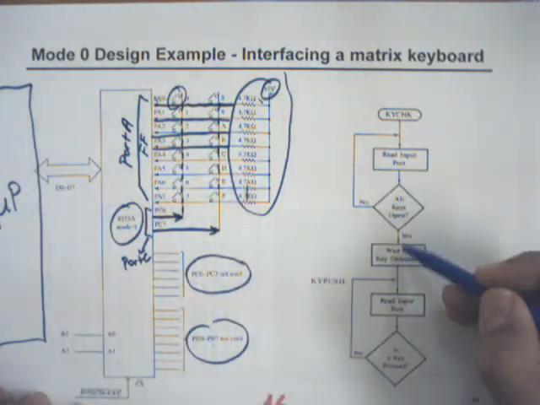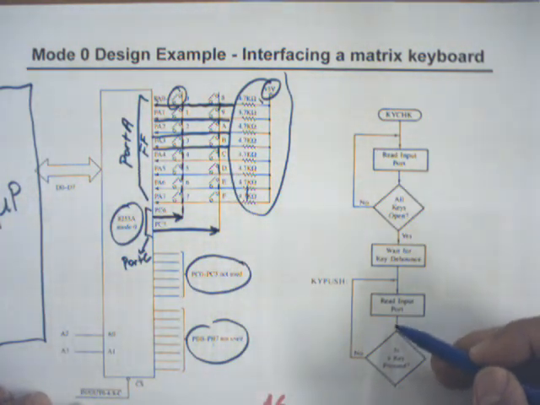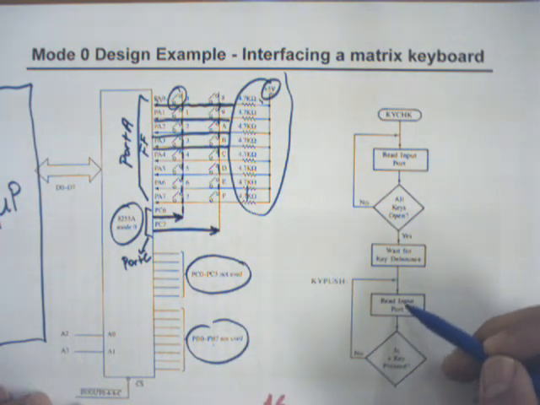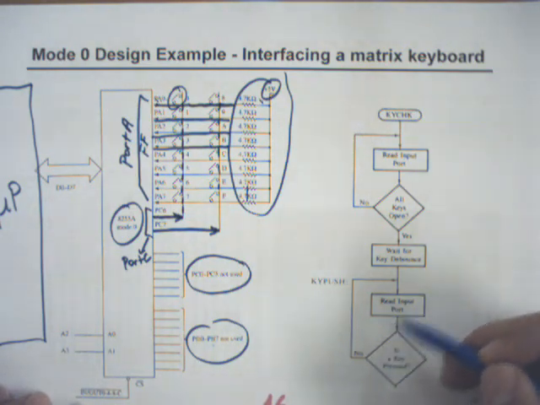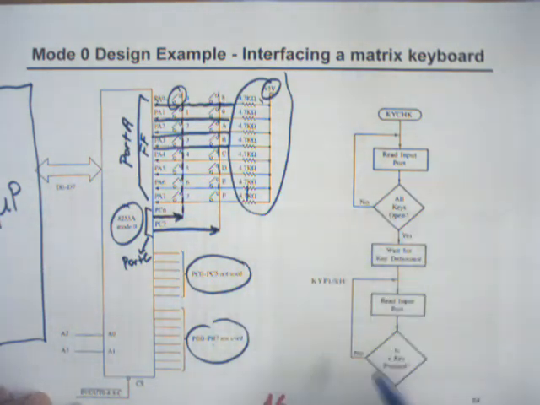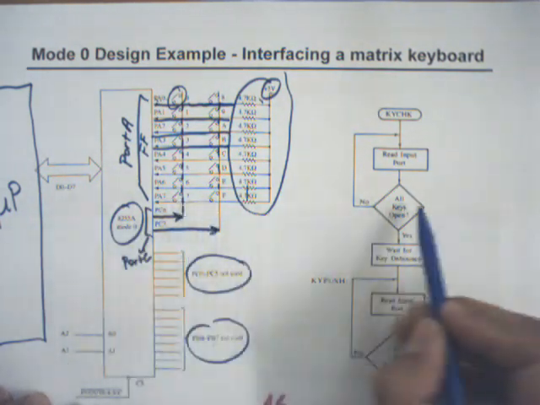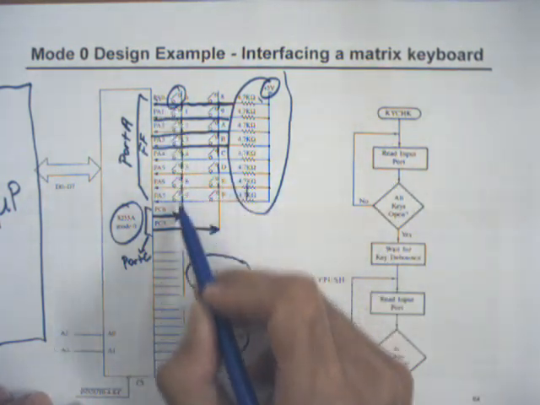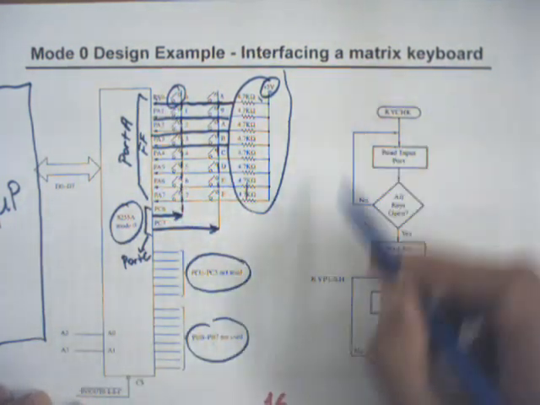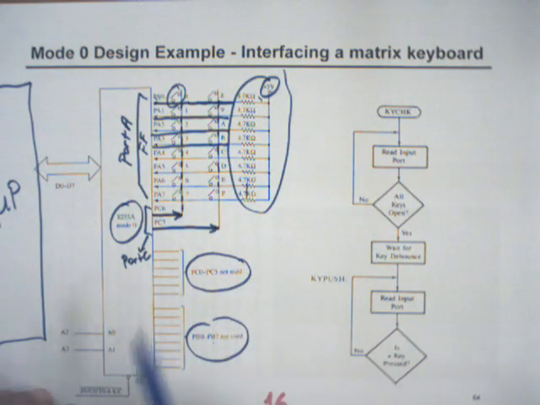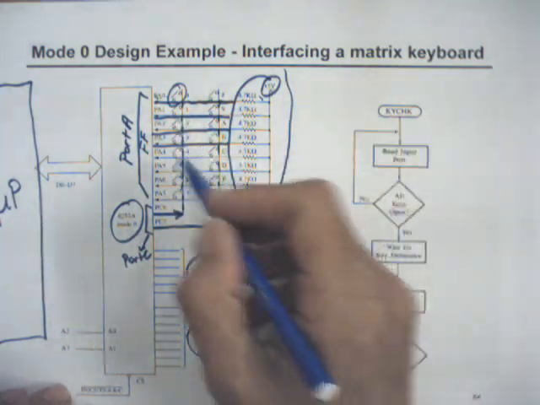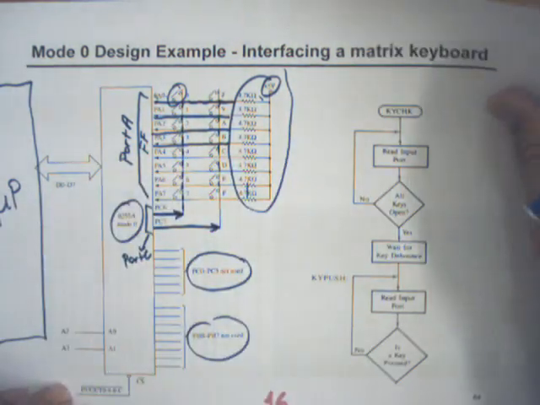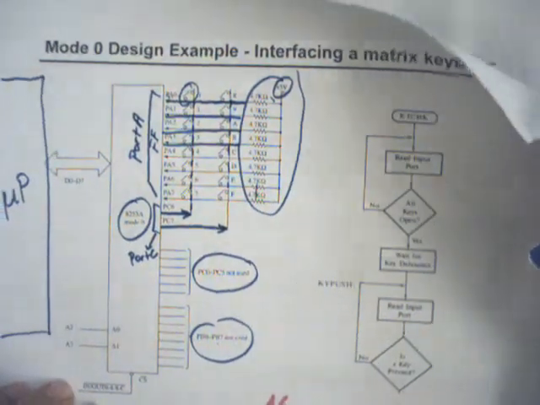There's a debouncing, and then you read again for key pressed again. So this is for one row, this is for the second row, and you continue your check, and you can find which key is pressed and then continue a program according to that input from the user.